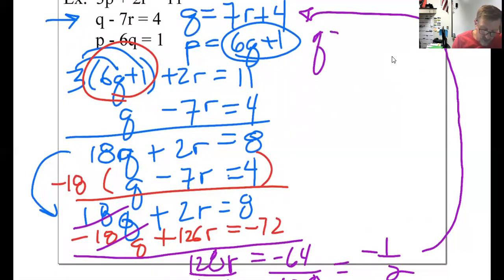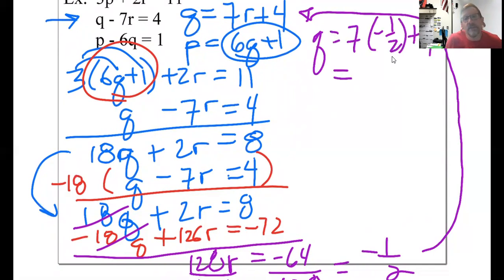So q equals 7 times negative 1/2 plus 4. Half of 7 is 3.5, so negative half of 7 is negative 3.5. So q is positive 1/2, because negative 3.5 plus 4 is really the same as 4 minus 3.5.